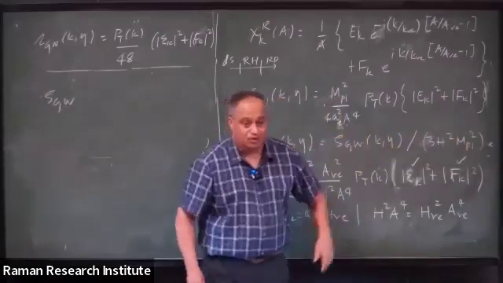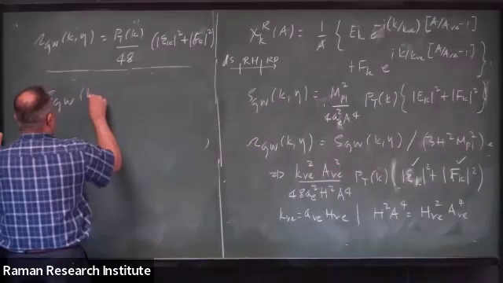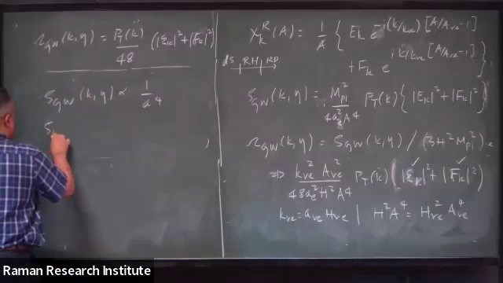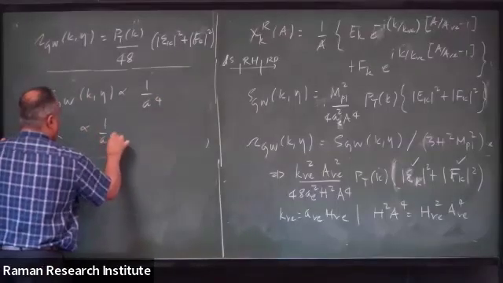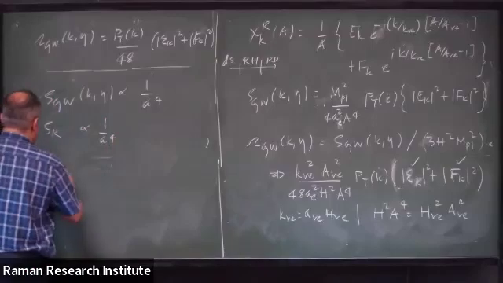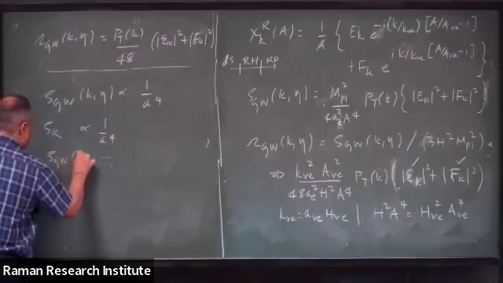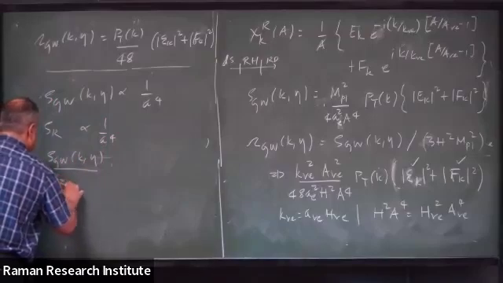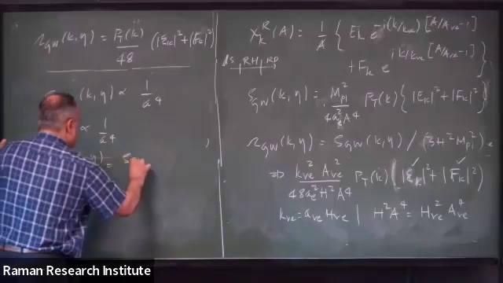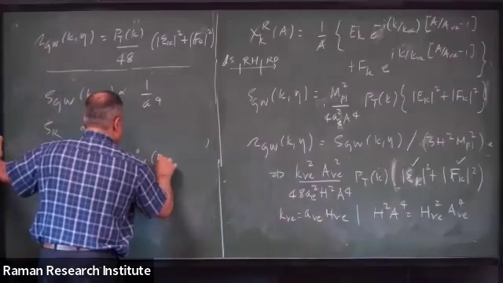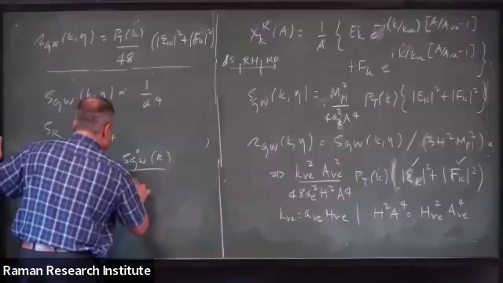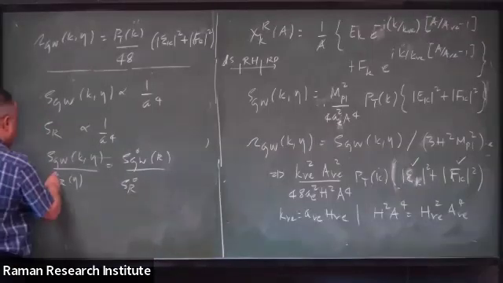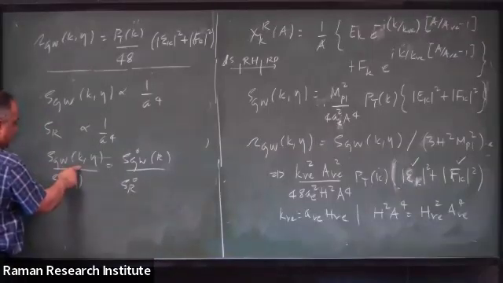Rho GW, K comma eta, goes as 1 over a power 4. But we know rho radiation goes as 1 over a power 4. So if I calculate the quantity rho GW K comma eta divided by rho radiation at any time, it is equal to rho GW naught as a function of K divided by rho radiation naught today.